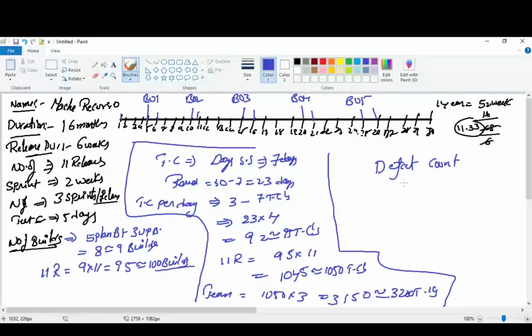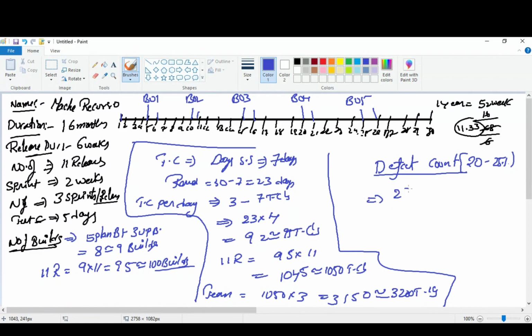Defect count. What is the failure percentage? 20 to 25. Last time you took 20, no? No, the features are different. So this time I will take 25%.